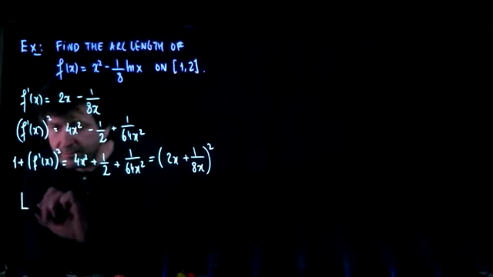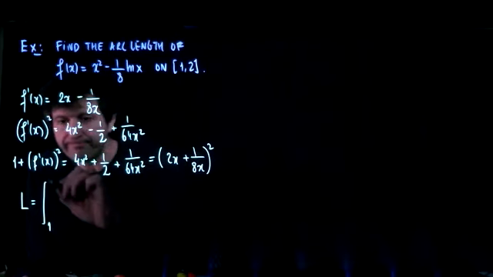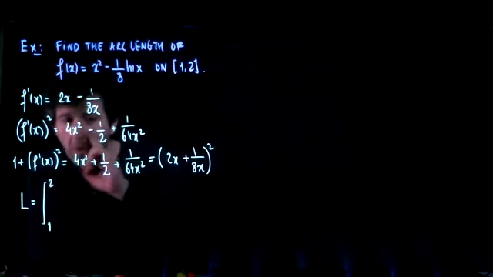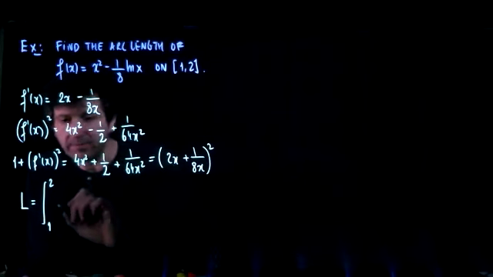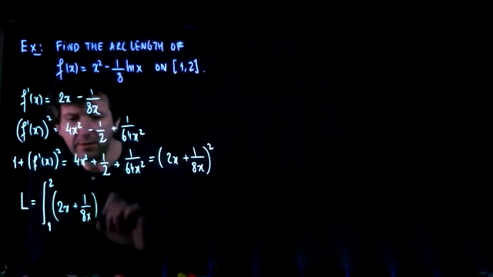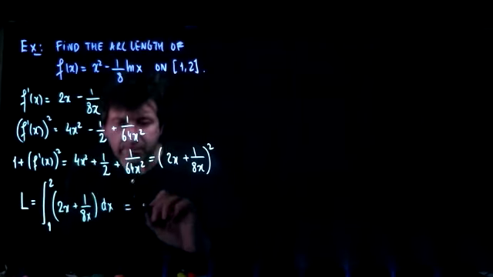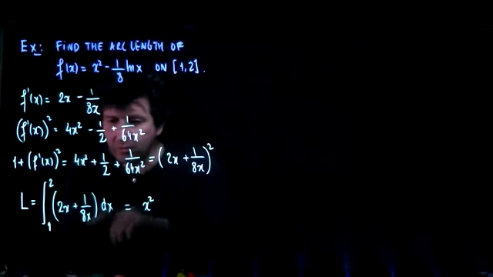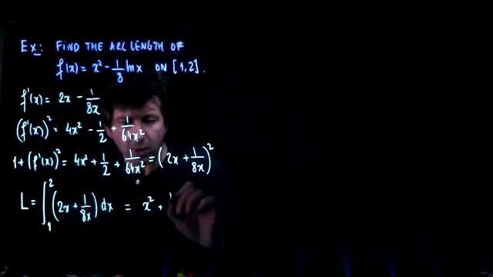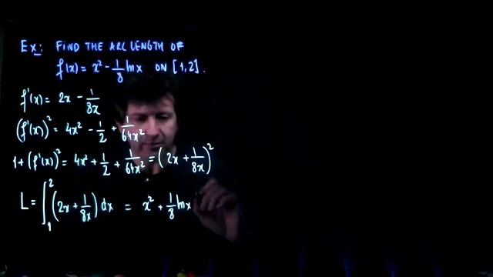Length: integral from 1 to 2 of the square root of this, so 2x plus 1 over 8x dx, and this is x squared plus 1 over 8 ln x, evaluated from 1 to 2.